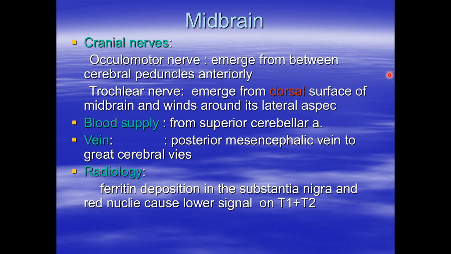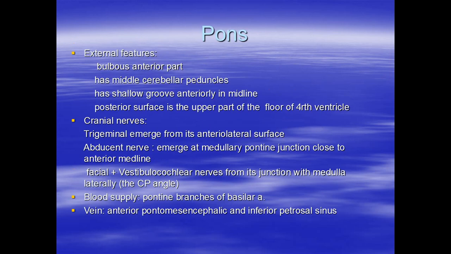They contain ferritin, iron, which is deposited there, causing loss of signal, so they appear dark on T1 and T2. In addition, of course, the substantia nigra contains, as we said, melanin.